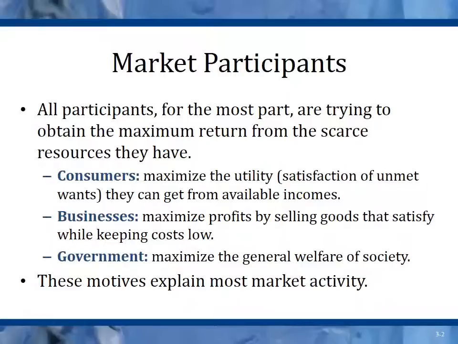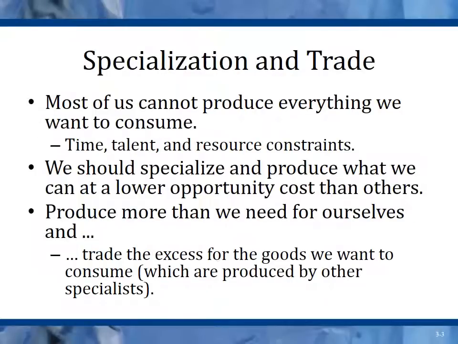But in an ideal world, the government wants to maximize the general welfare for society in order to strengthen its own position as government. These motives should explain market activity. Everybody wanting to maximize their utility, businesses wanting to maximize profit, and government wanting to maximize welfare.